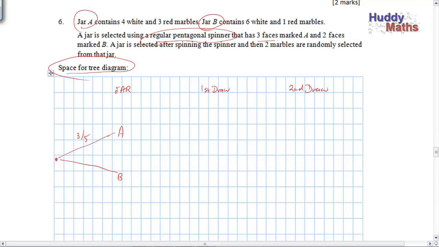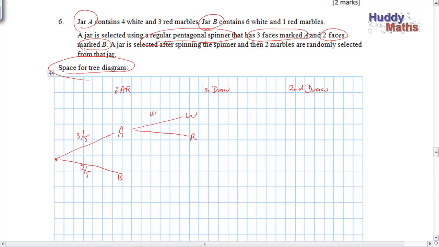So 3 faces are marked A, 2 faces marked B. So we're using that spinner not as part of getting an outcome, but as part of choosing which jar we'll have.